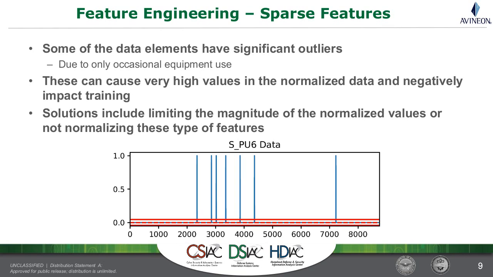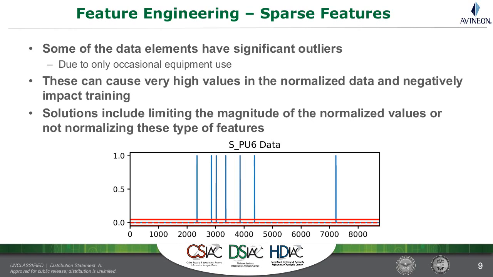So the thick red line you can see is around maybe 0.02. That's the standard deviation. And so if you normalize this data, you'll end up with a very, very large value because it is only switched on occasionally.